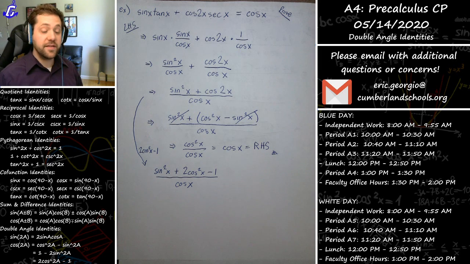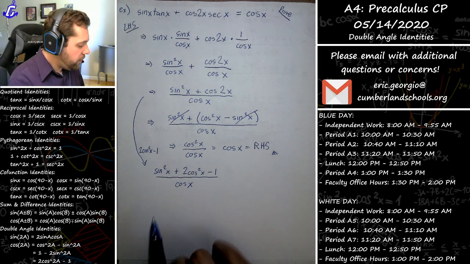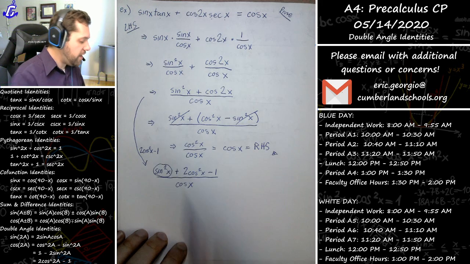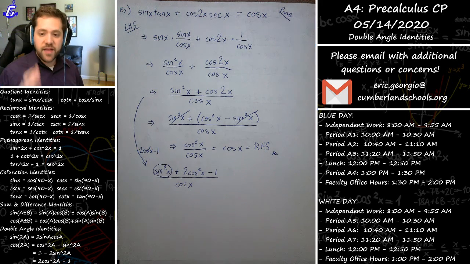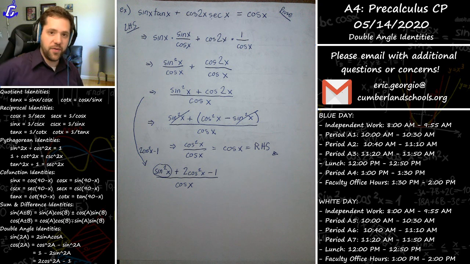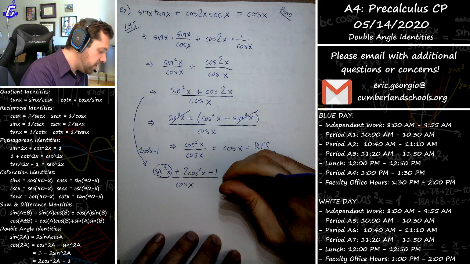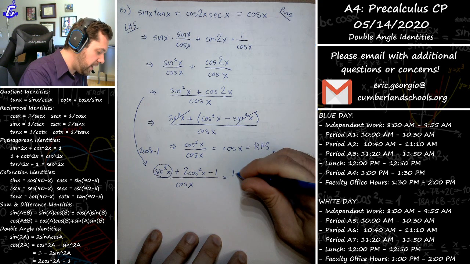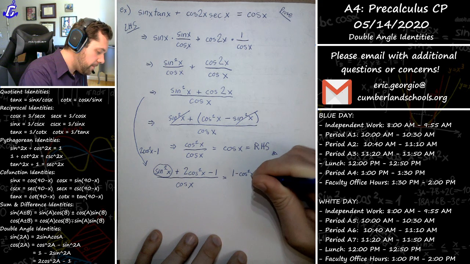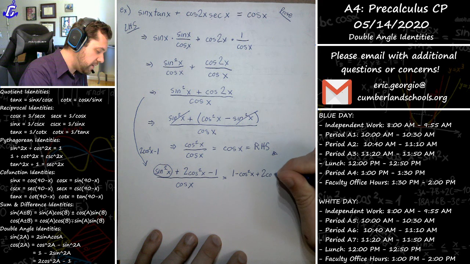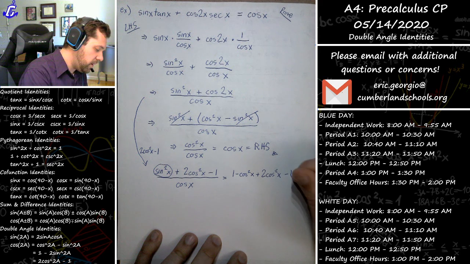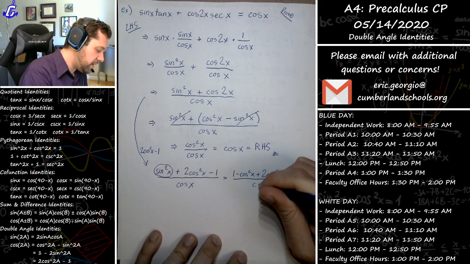A little tricky to see where you would go from there, but what we could do is take sine squared, and you could recognize that sine squared of x is the same as 1 minus cosine squared of x. That's your Pythagorean identity. So you could say, well, this is the same as 1 minus cosine squared plus 2 cosine squared minus 1 over cosine of x.